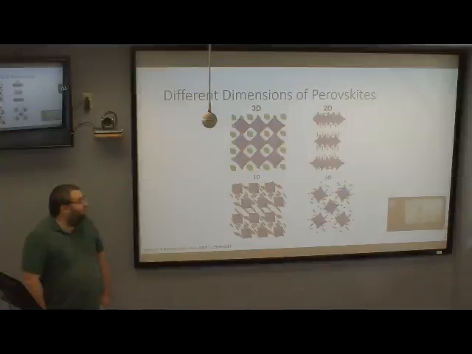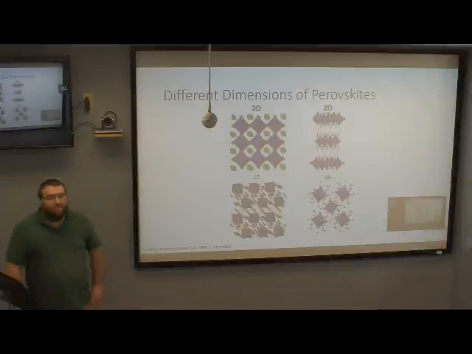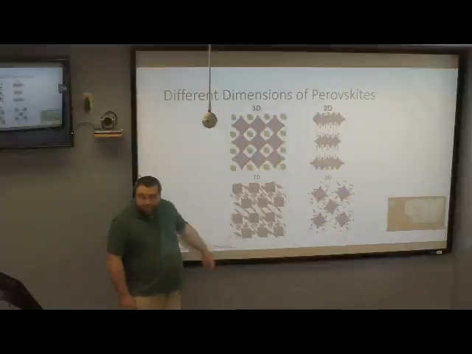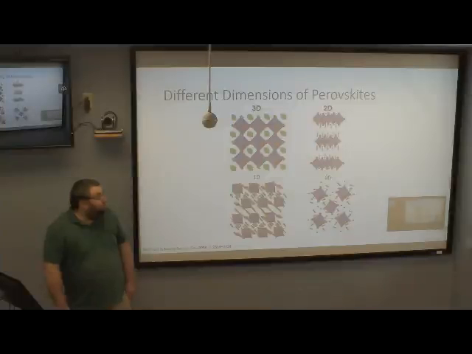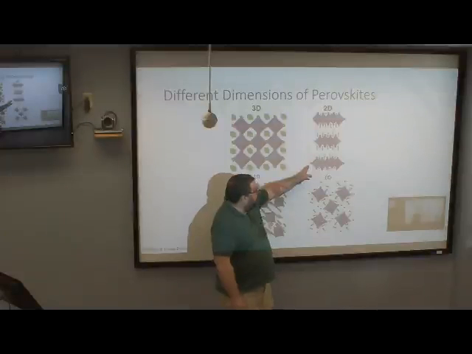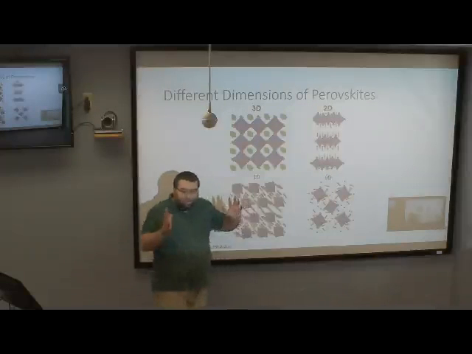So then, as we look at the perovskites, we consider them in different dimensions. You have your 3D, which is unrestricted in every dimension. The 2D is restricted in one dimension, which isn't the easiest to see in this model, but it's making a film.